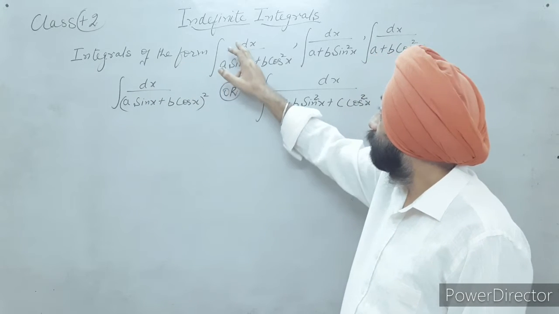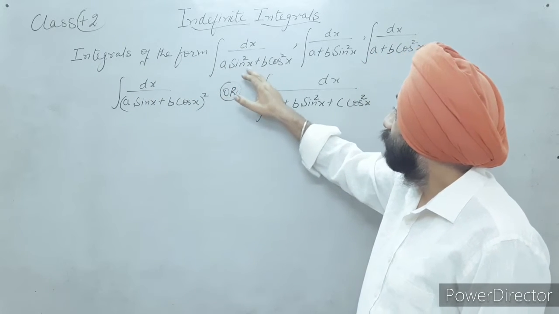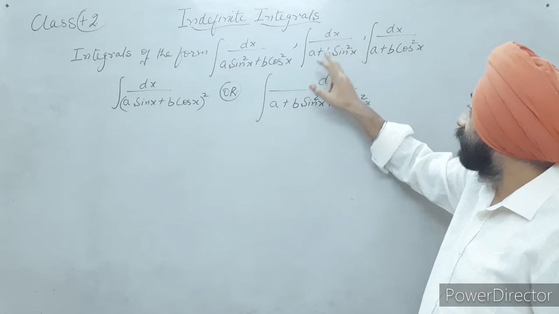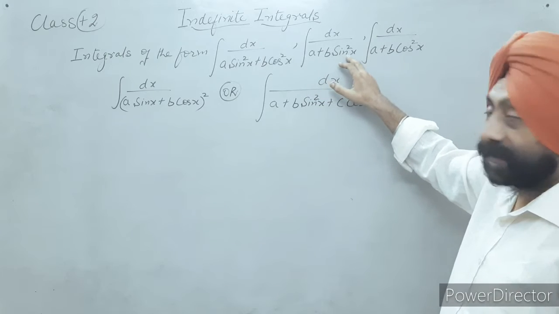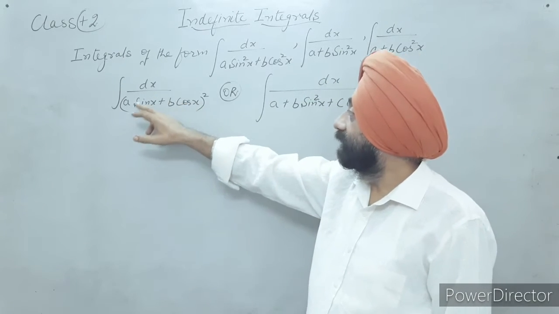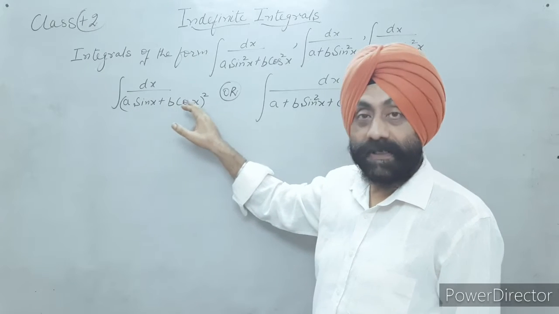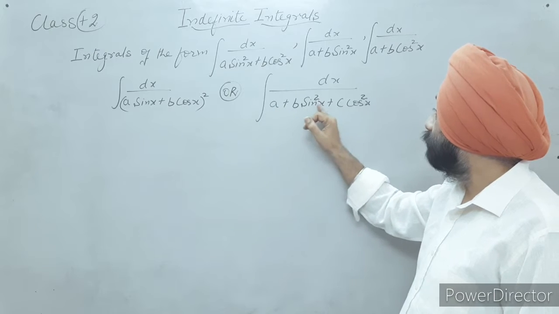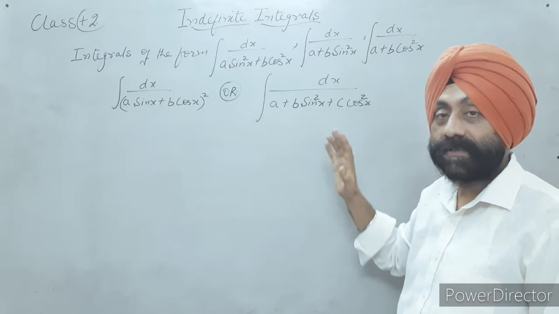Integrals of the form dx upon a sin square x plus b cos square x, dx upon a plus b sin square x, or dx upon (a sin x plus b cos x) whole square, or dx upon a plus b sin square x plus c cos square x.